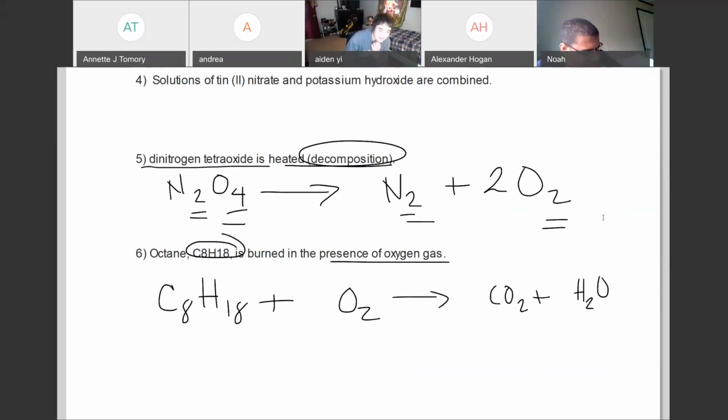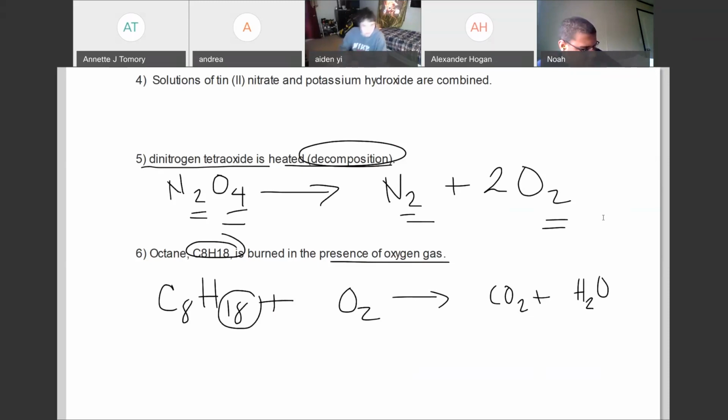What do we do now? We balance it. All right. I'm going to tell you right now, this is going to be a booger to balance. This is how you know if it's going to be an annoyance to balance. Look at the H. H is 18.